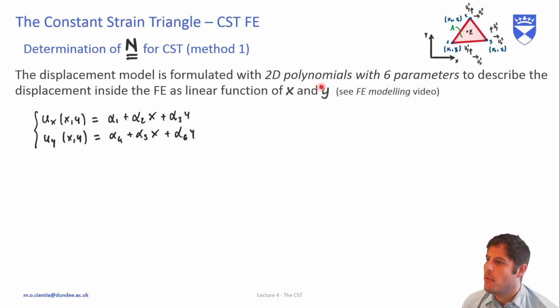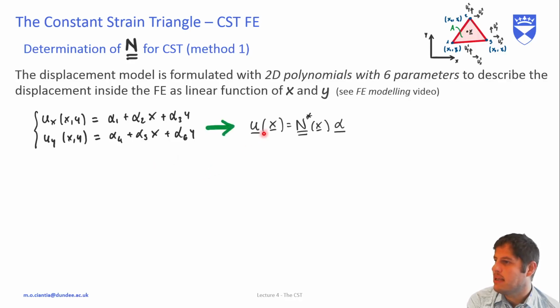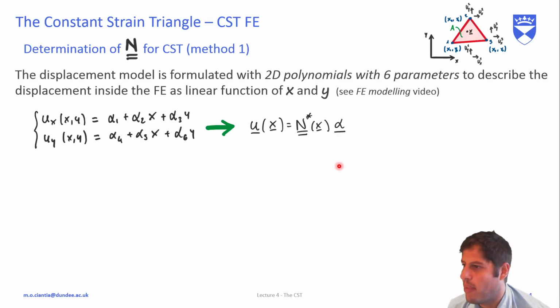In this case, we will use 6 parameters and have a linear function, so describe the displacement in x, for example, as a linear function of the position x and y. The same for the displacement in y: it will be a linear function of x and y through these 6 parameters. So we can basically write that ux is a matrix n star times this vector of alpha parameters.